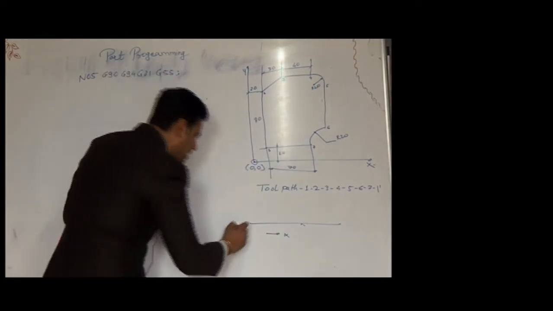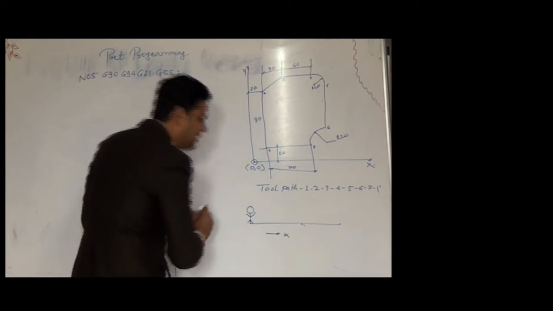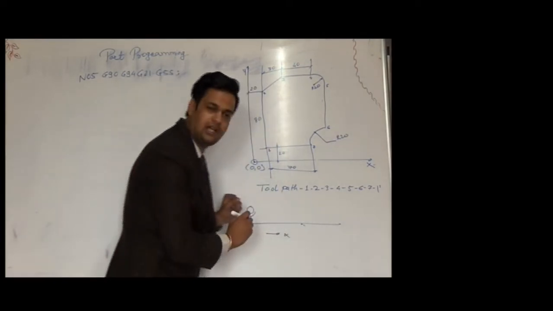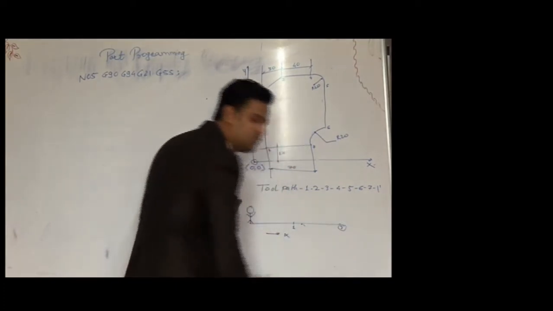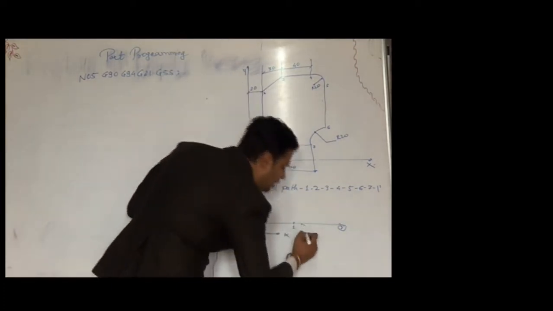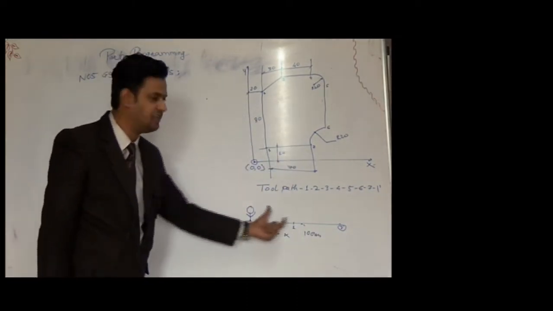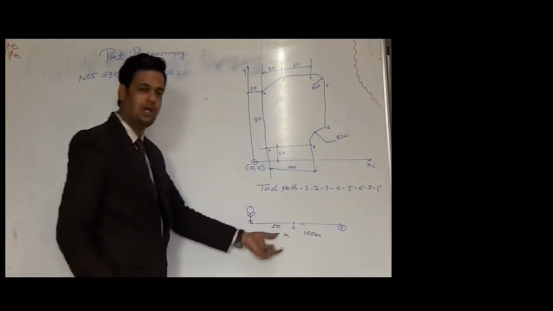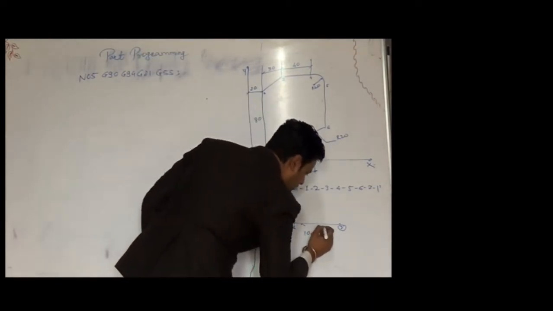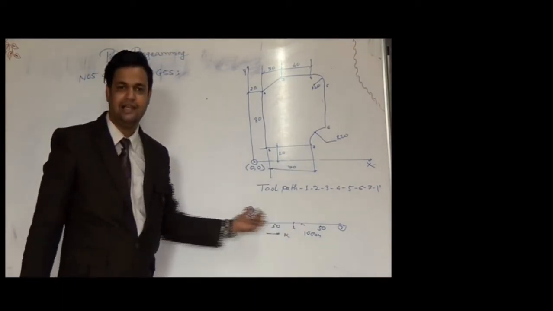I am at this position and the distance I have to cover from station 1 to station 2, there are two stations, total distance is equal to 100 meter. Station 1 is at 50 meter and station 2 is again 50 meter further. So the first station is at the middle of the total length to travel.